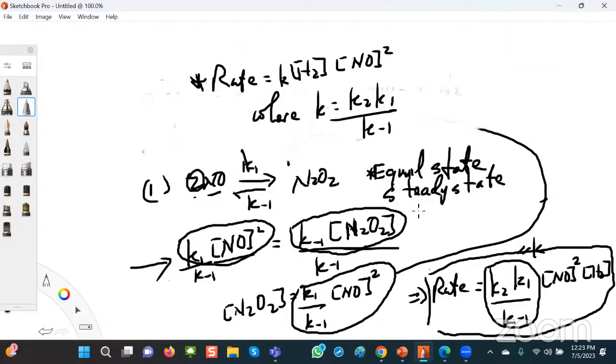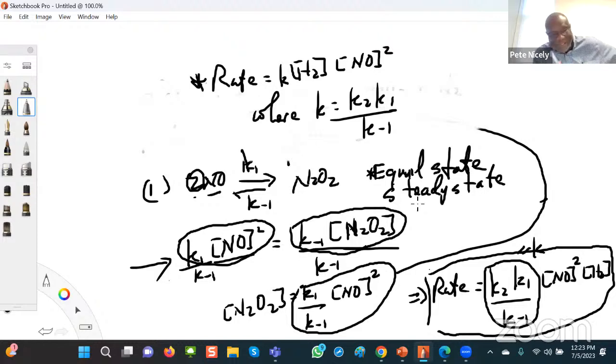If the coefficient was 3NO, would it be NO cubed then? Exactly. Even though, as I said earlier, the likelihood of that happening is very, very small. It is very unlikely that you have 3 molecules coming together and reacting in an elementary step.